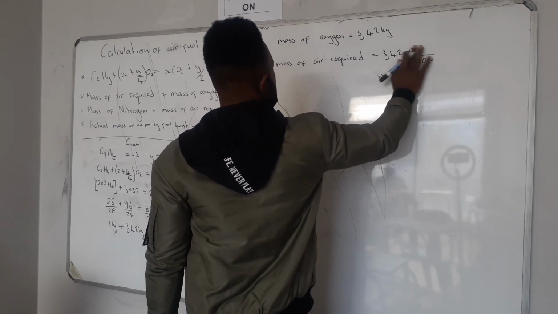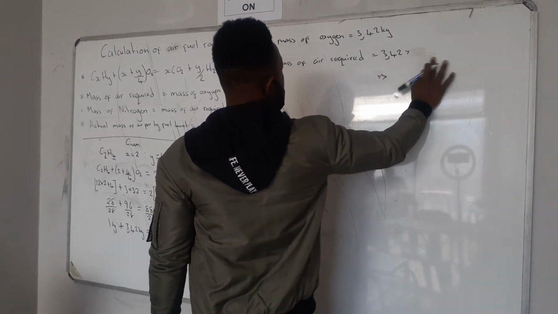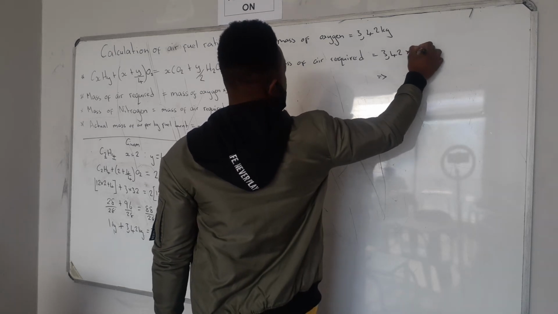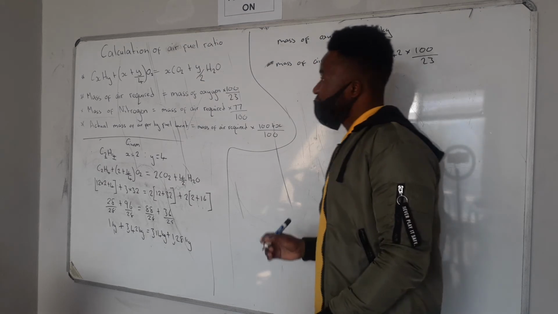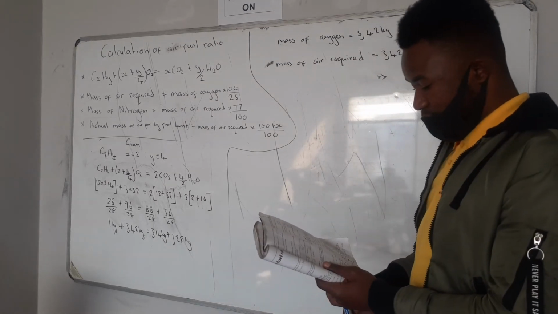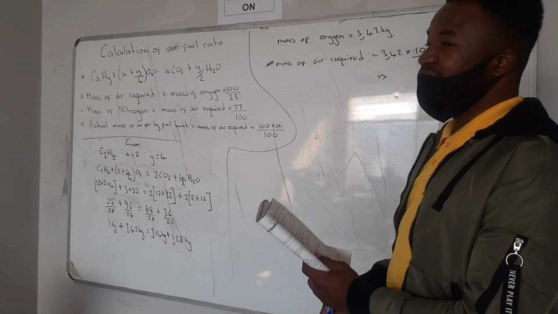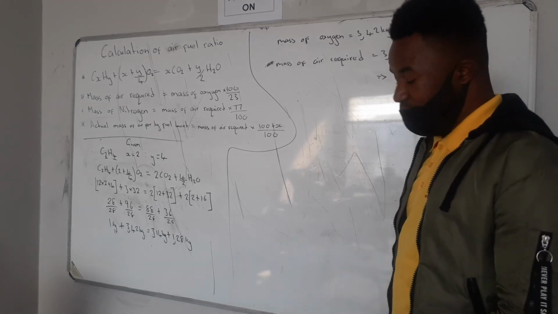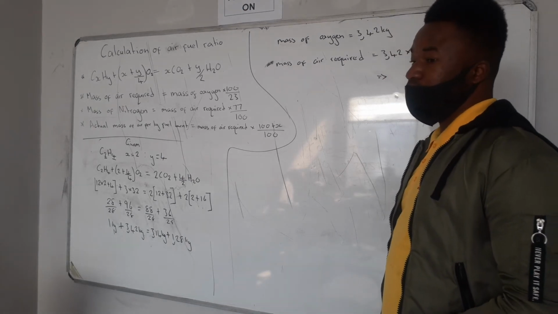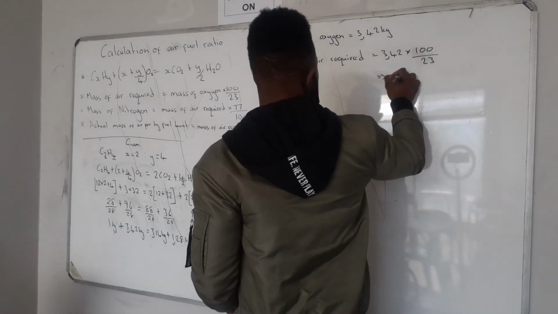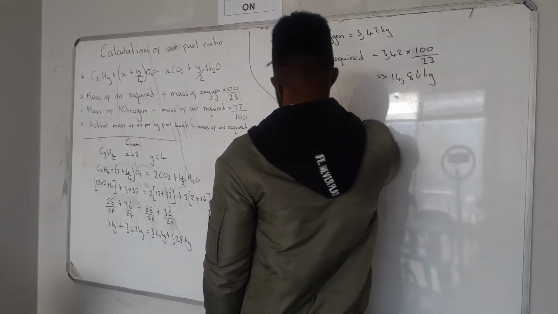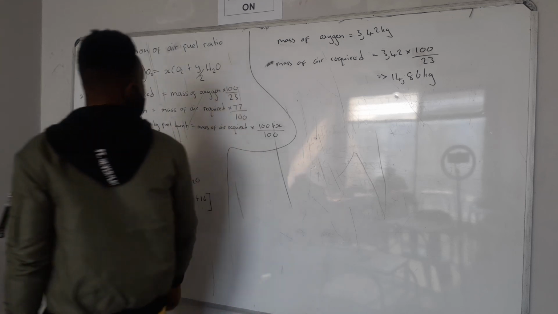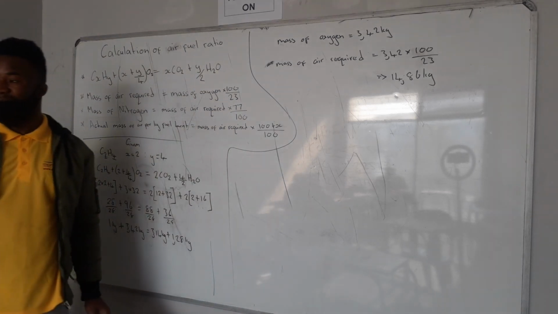Sorry, why am I writing 77? The one for 77 is the one for nitrogen. Okay. So 14,86 kgs, né? Which means you're done calculating your mass of air required, né?